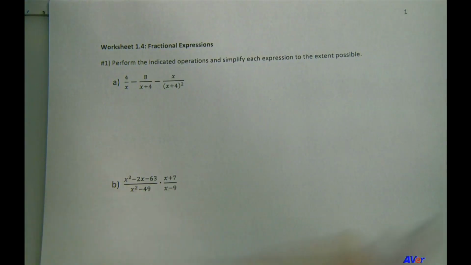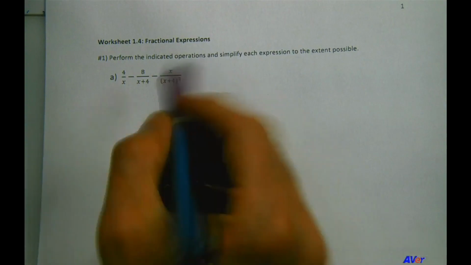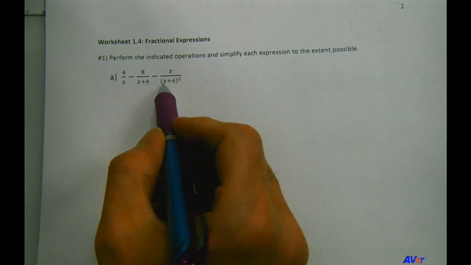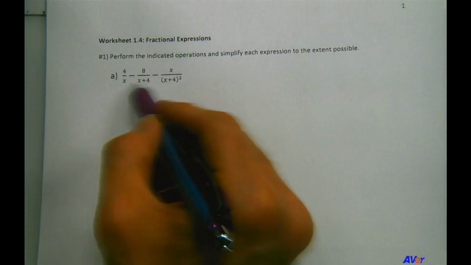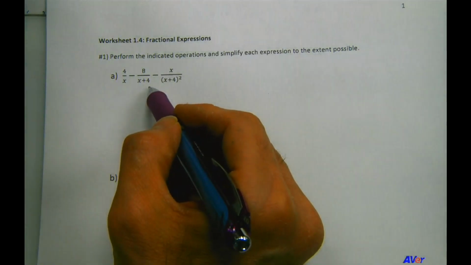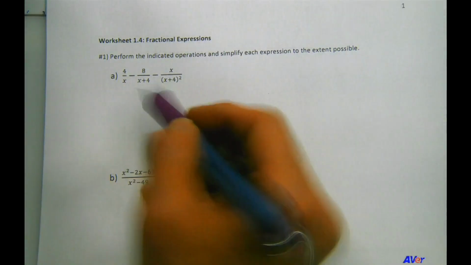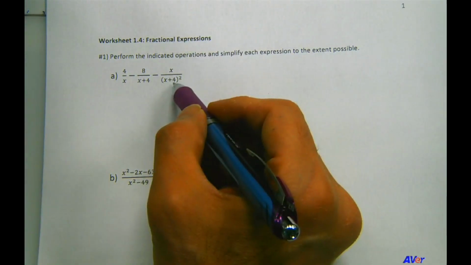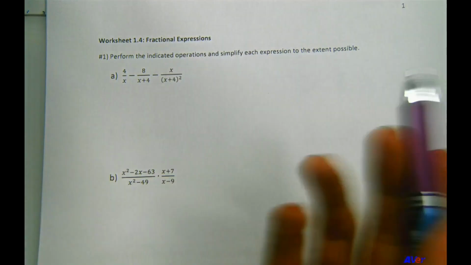Performing the indicated operations for simplifying fractions entails factoring the denominators so that we know what should be our common denominator, right? Unless you factor the denominator, you don't know what could be a common denominator. In this case, fortunately, things have been made easy for us, and everything is in factored form already.